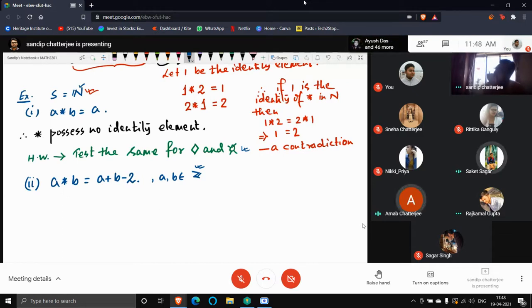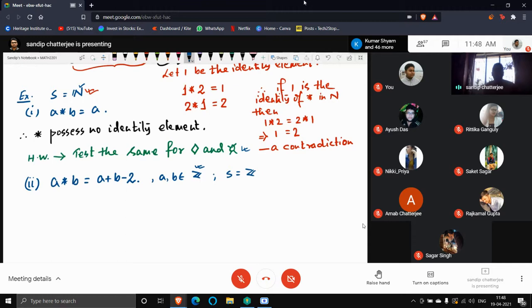In natural numbers, 0 is not included. In Z, 0 is included. Anything else? The integers can be negative or positive. Instead of only positive natural numbers, you have negative integers also. Correct. So this is your set S. S is actually this set of integers Z, and my binary operation is this.